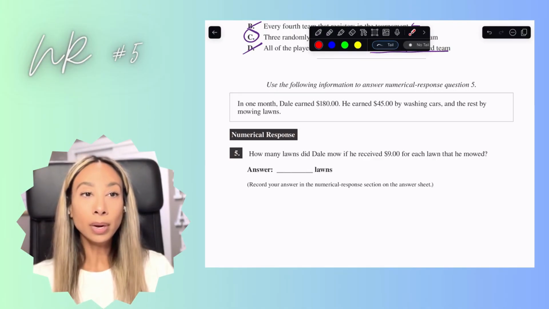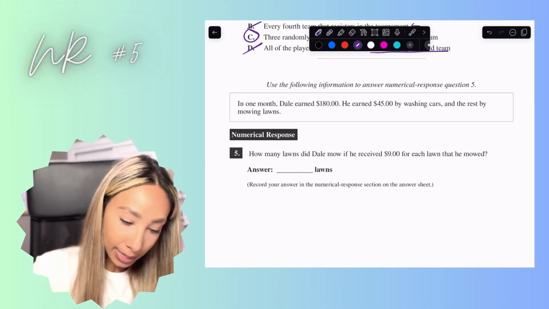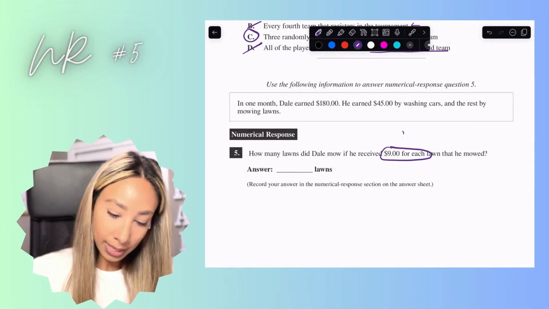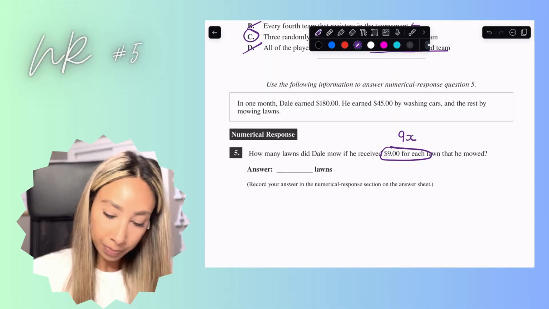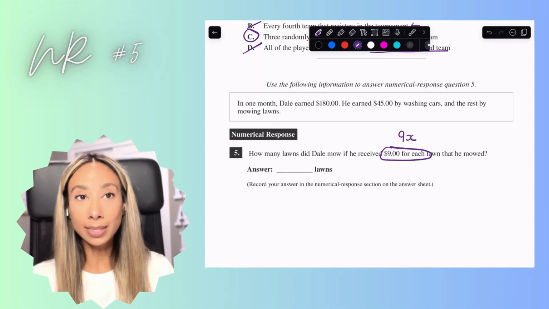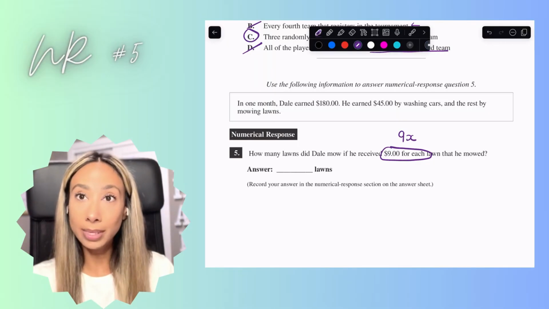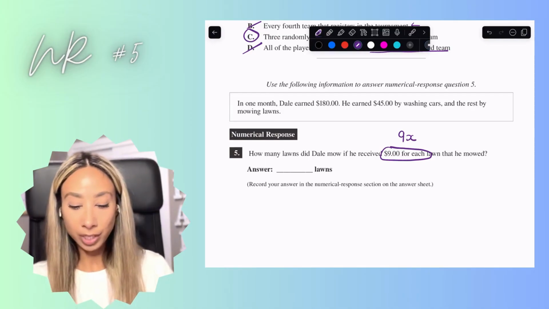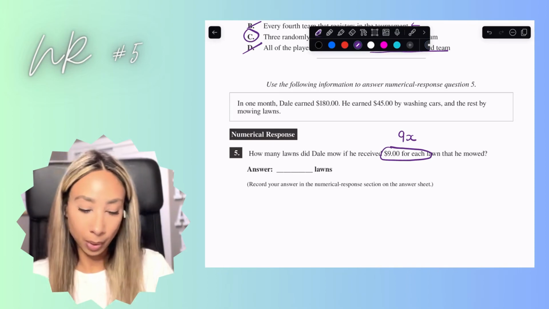So one of the things I'm looking at is, if it says for each, we can say that would be $9x. And the reason I say it's x is because we don't know how many lawns he had, but each is a fancy way of saying multiply. So if it's $9 for each lawn, it's going to be 9 times that unknown.